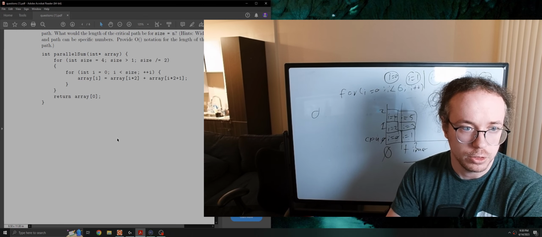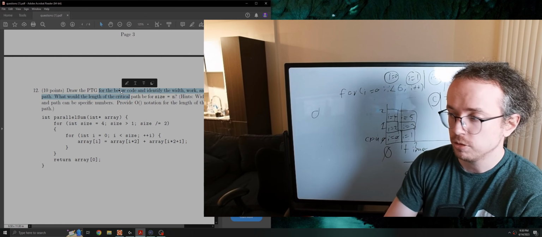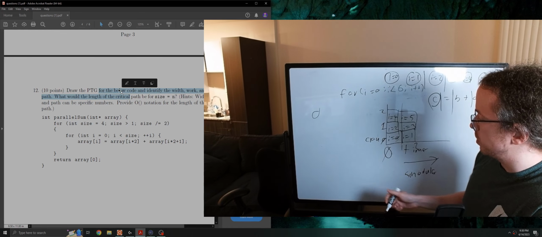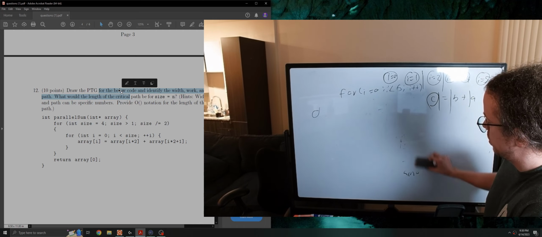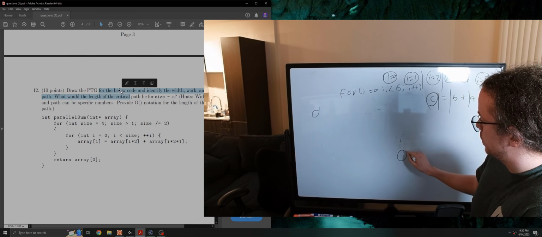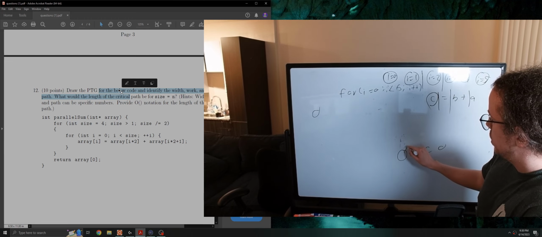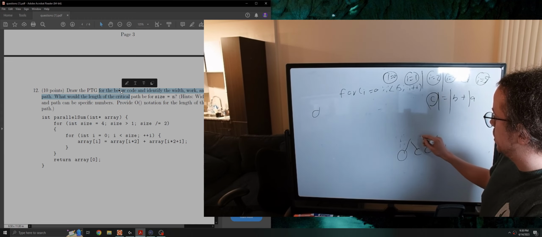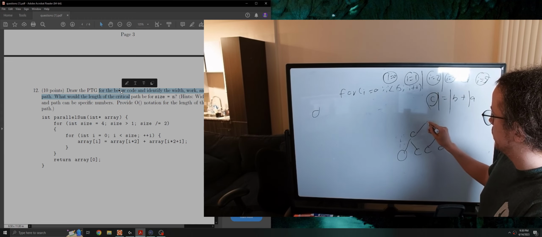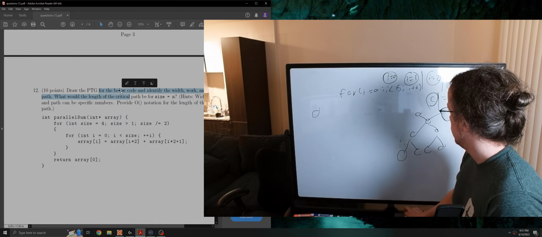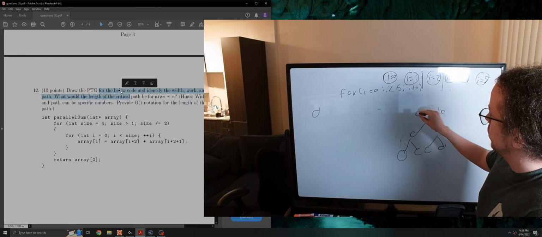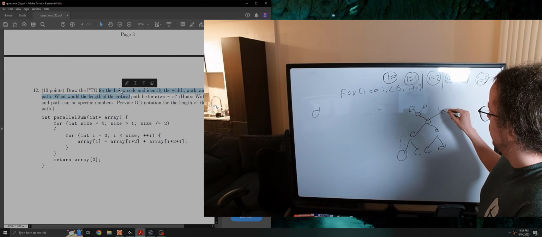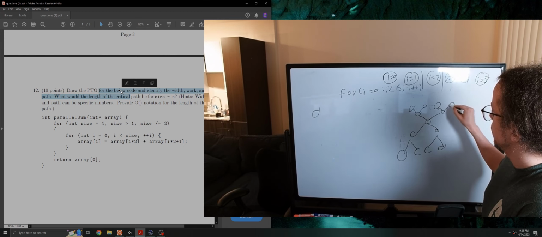Even this one, even number 12, a very similar task is the prefix sum. You may remember the prefix sum problem that we covered in class. It looks like this. You do the sum, you do the sum, you do the sum, you do the sum, and then you distribute the results, and you end up with a binary tree and then an inverted binary tree to do the prefix sum.